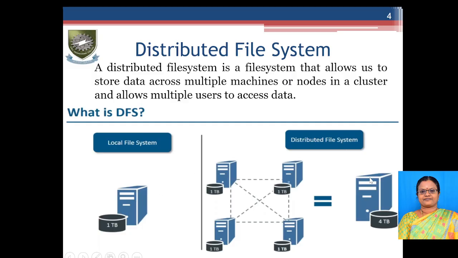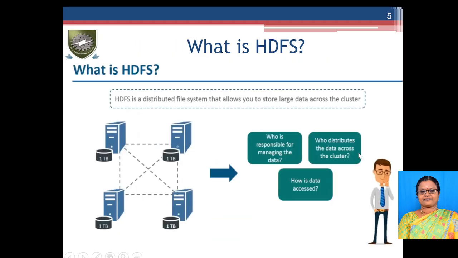Whereas here, I have a file of 4 terabytes in distributed format. So I will have four different storage systems available in different regions, and each storage will have a capacity of 1 terabyte. So this 4 terabyte information can be divided into 1 terabyte pieces and stored across four different devices. This is called a distributed file system.